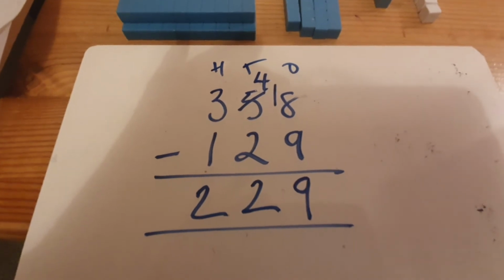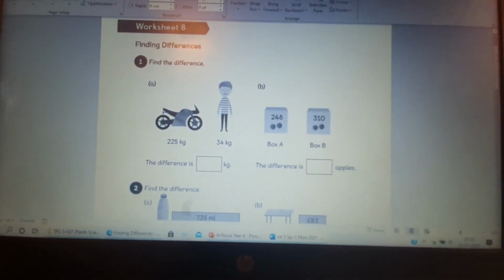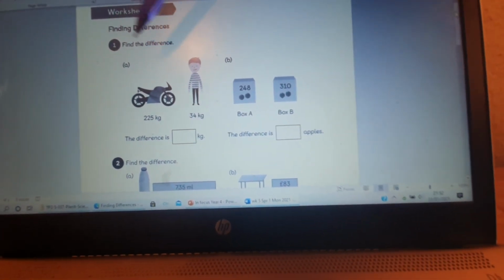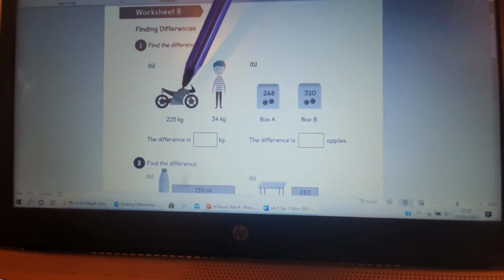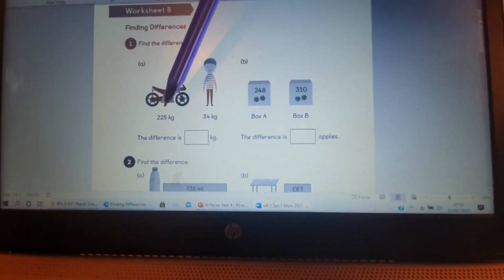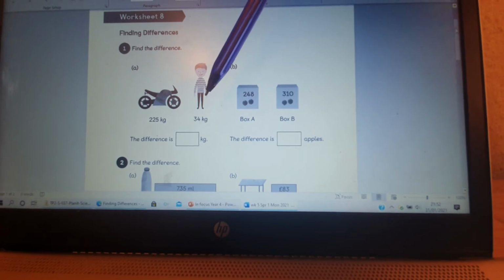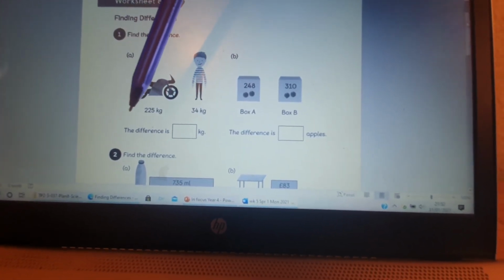So let's just have a look at the main lesson today. Okay, so we're finding the differences. And we can see here we have got, find the difference. A, 225 kilograms and 34 kilograms. So the bike weighs 225 kilograms and the person weighs 34 kilograms. What is the difference? How do we find the difference?